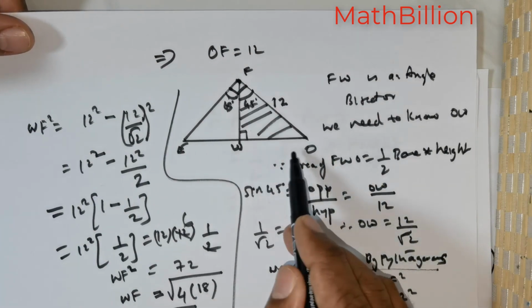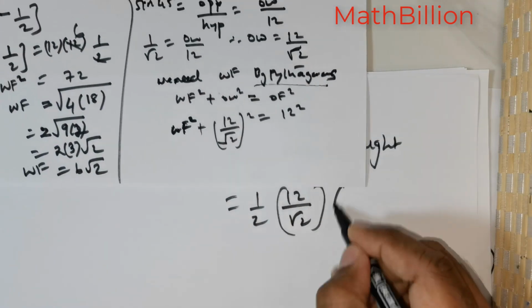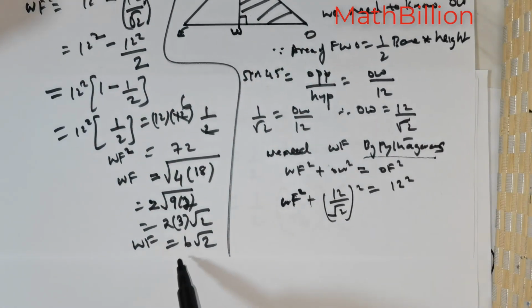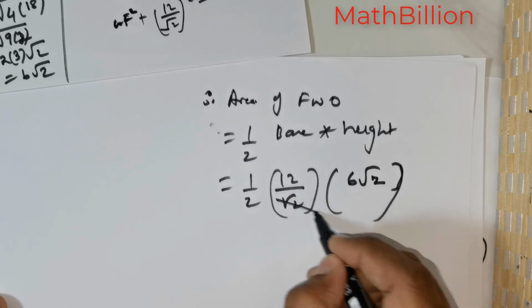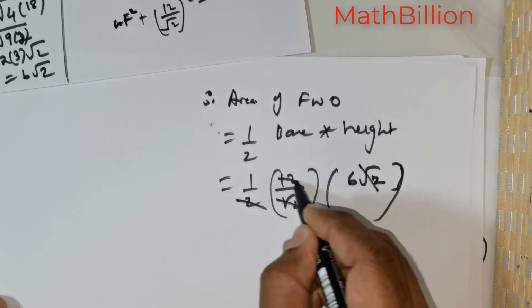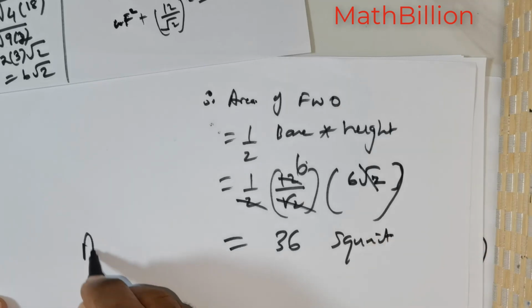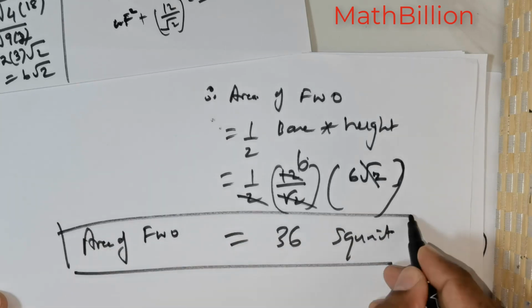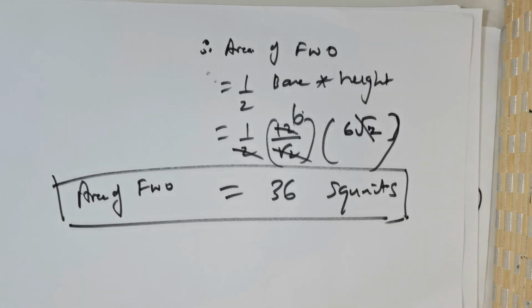For example, I'm taking OW to be the base, so that's 12 over root of 2, times the height, I'm taking WF to be the height, so that is 6 times root of 2, right? So root 2 gets cancelled, 2 divides here 6 times, 6 into 6, 36 square units. So this is the area of FWO. That is the final solution for this question. Thank you students, enjoy the day.